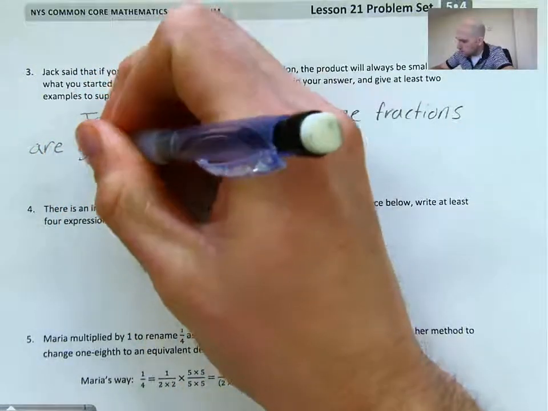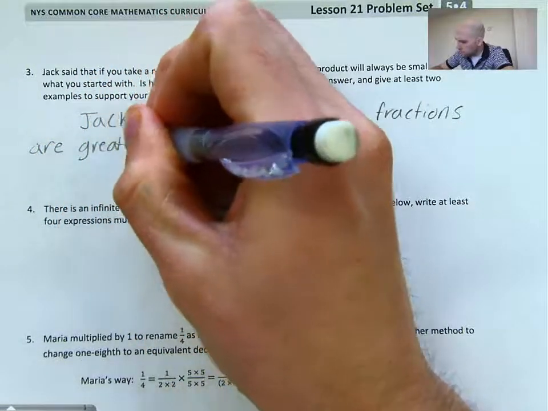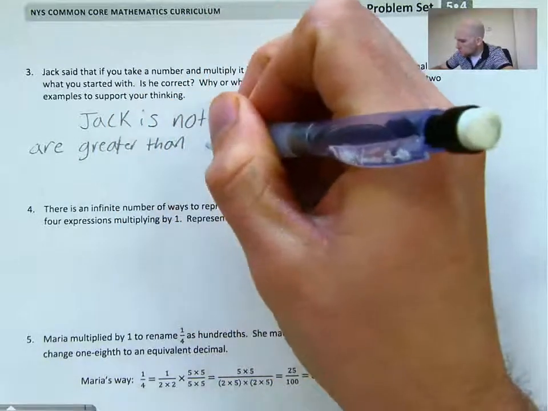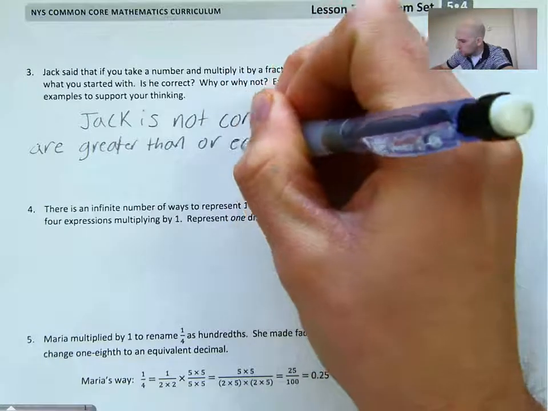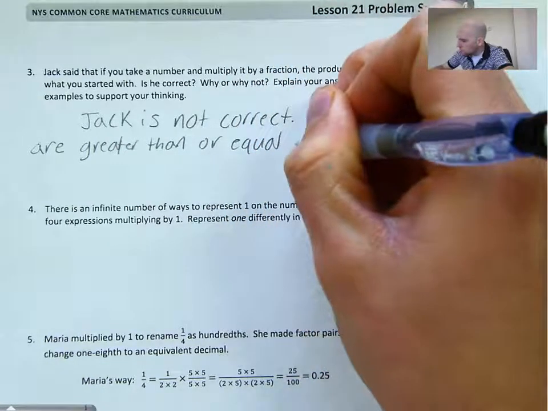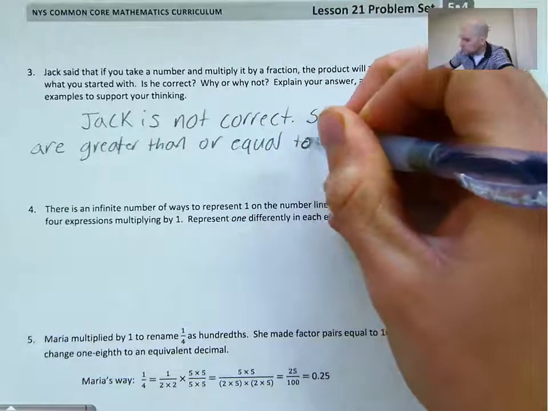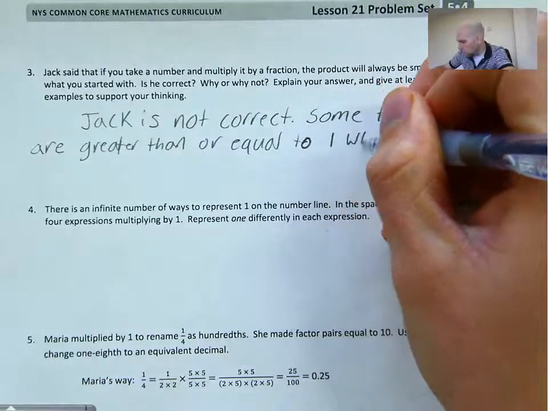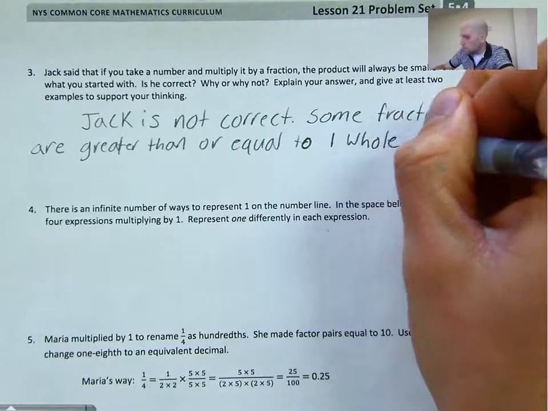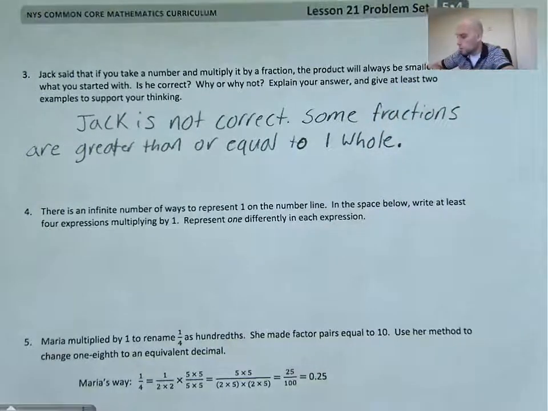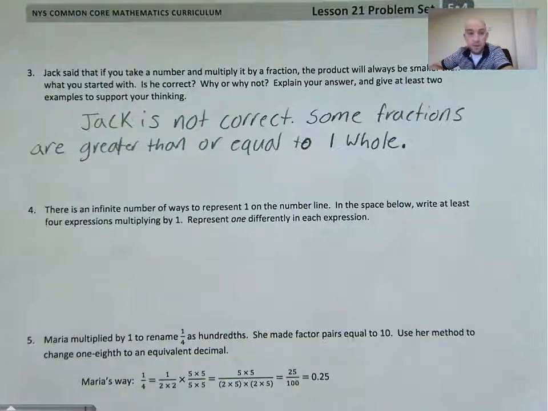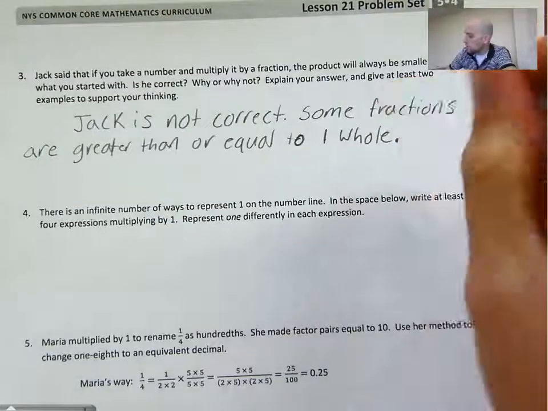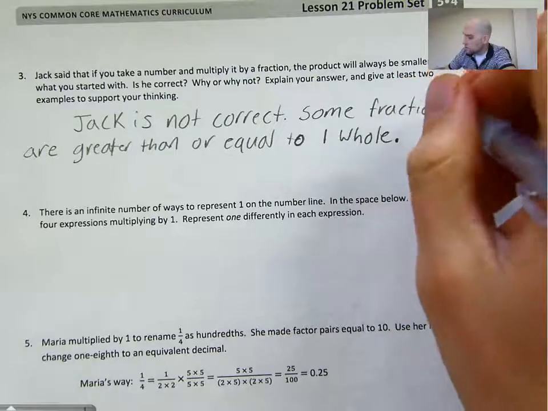So some fractions are greater than or equal to one whole. If they're greater than or equal to one whole, that would be an improper fraction, but that would still be a fraction. So some fractions are greater than or equal to one whole.